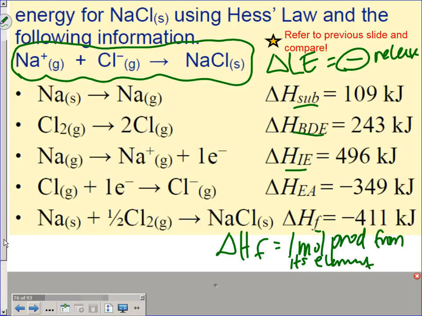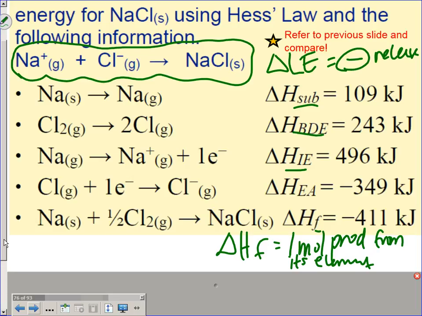What about this half chlorine gas? Do I want this? I do not want that. I want just chlorine ion at the end. So let's take normal chlorine, chlorine diatomic. Do I want to put that on the left or the right? Right. Then I want to cancel half those chlorine diatomics out. So what's going to go over here?